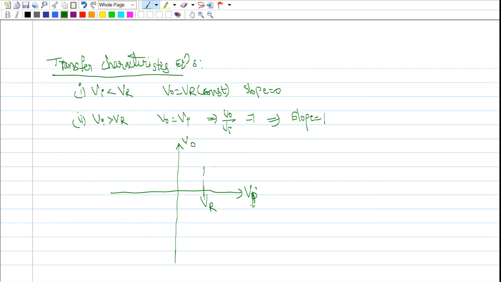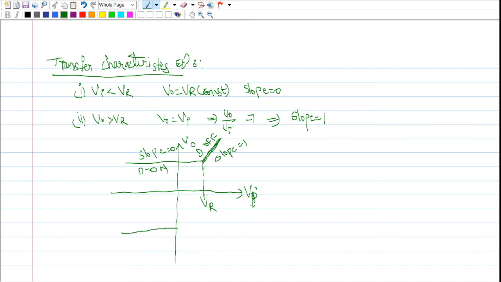When Vi is greater than Vr, slope is 1, diode is off. Slope is 0, diode is on in this condition, and this part is a clipped part.